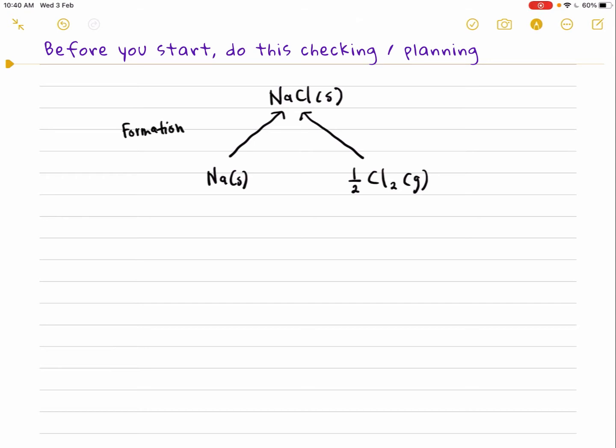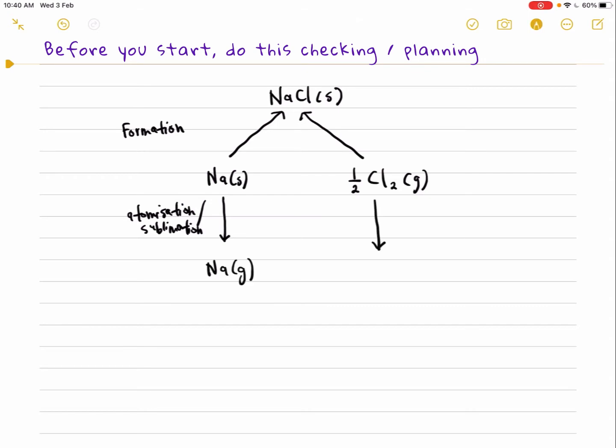And after that, for each of the elements here, you have to proceed with atomization or sublimation. So for the sodium solid, when it undergoes sublimation, it will form Na gas.